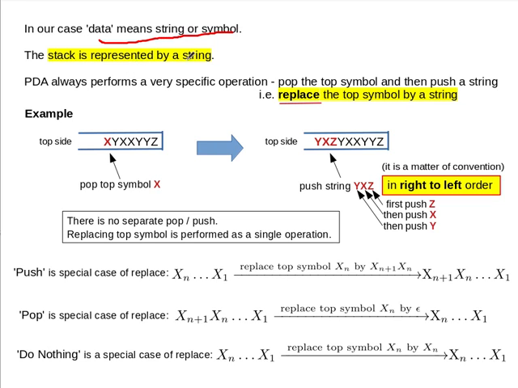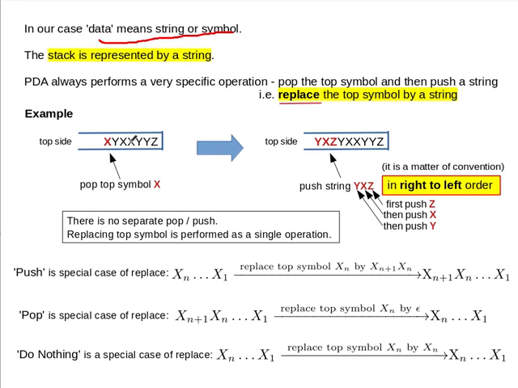What is that string? The symbols that we have already pushed into the stack, all the symbols that are already inside the stack. So the stack looks something like this, and you see that we have written it in a horizontal format because it's easier when we are interpreting this as a string instead of a vertical structure.